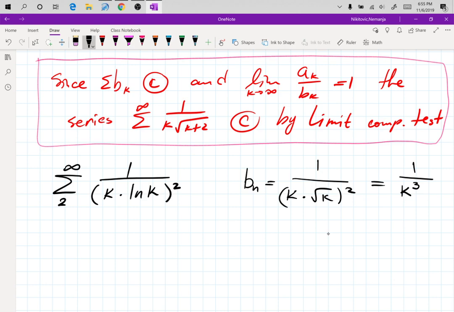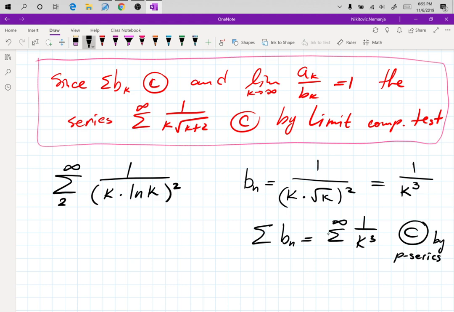Does this make any sense? And now summation Bn is summation 1 over k cubed, convergent by P series.